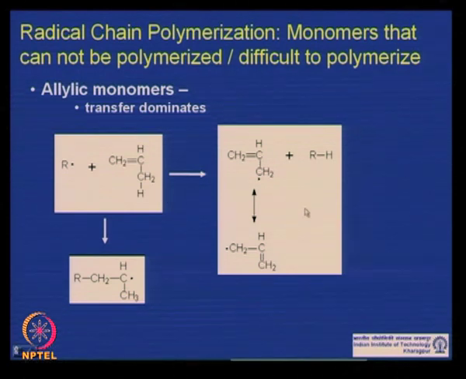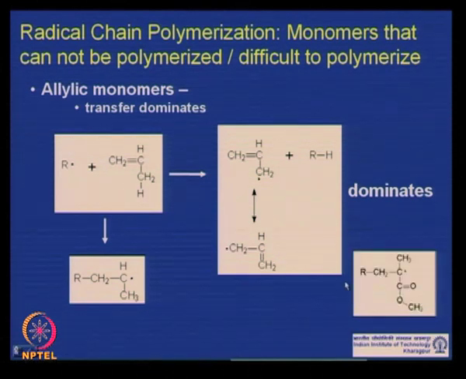So, in most cases this reaction dominates over the other reactions. This is one of the cases of transfer. For these reasons propylene is difficult to polymerize by radical, and this does not happen with a monomer like methyl methacrylate, where this possibility does not arise.